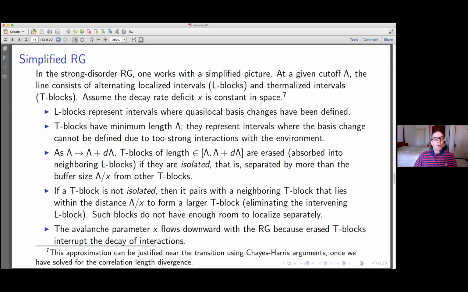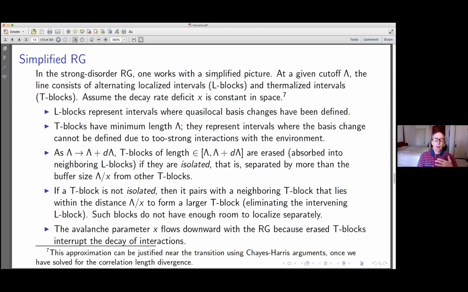So here we're going to go to a simplified RG. We take a system which initially is just a spin chain, but we're going to identify those regions that are localized, which we call L blocks, and thermalized, which we call T blocks. If you were actually to run a time evolution, thermalization is a process which takes place gradually.